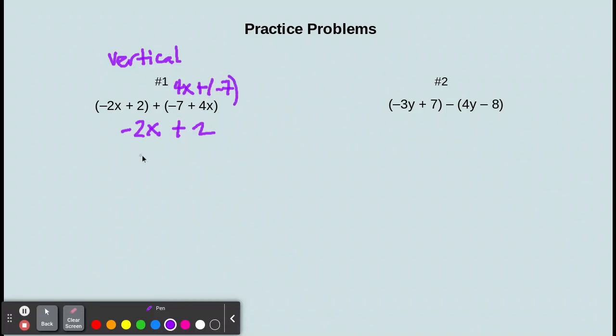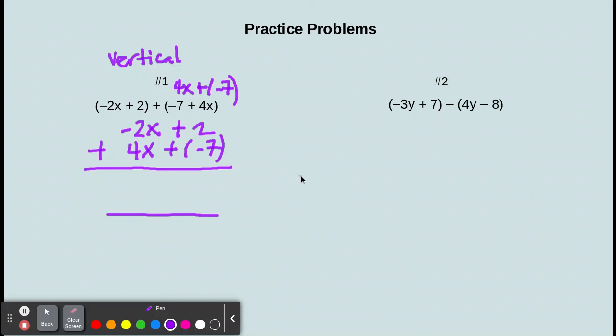So let's rewrite that. 4x plus a negative 7. Right, because it doesn't matter which order we do it in, it's going to come up with the same answer. So negative 7 plus 4x is the same as 4x plus negative 7. Okay. I'm going to add straight down, and you should come up with an answer.